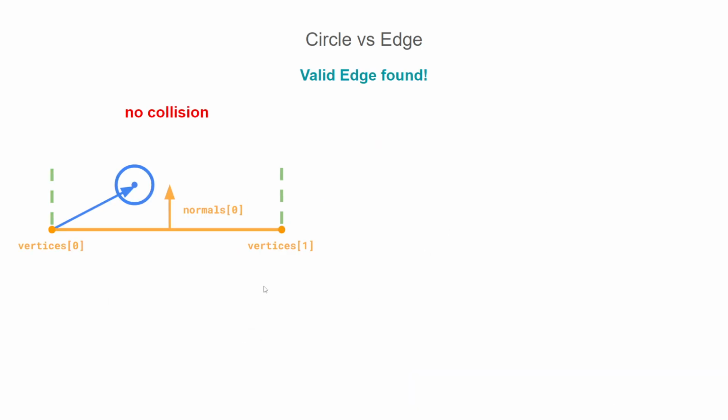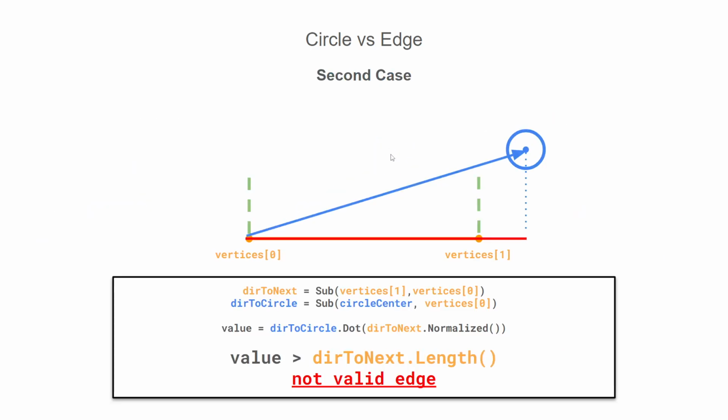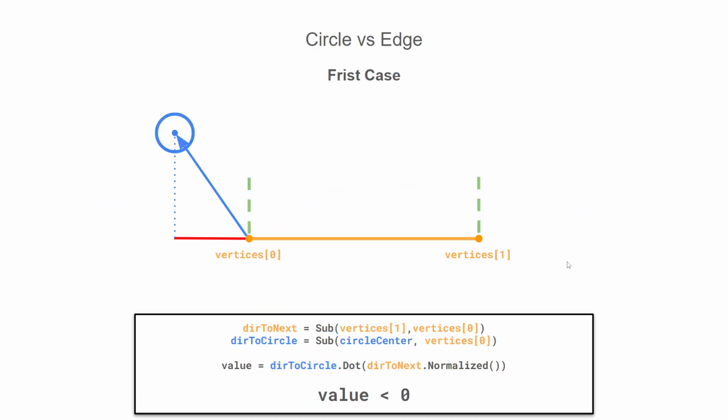Okay, so as I said, we have three cases where we need to check where the circle is actually lying, in which area the circle is.